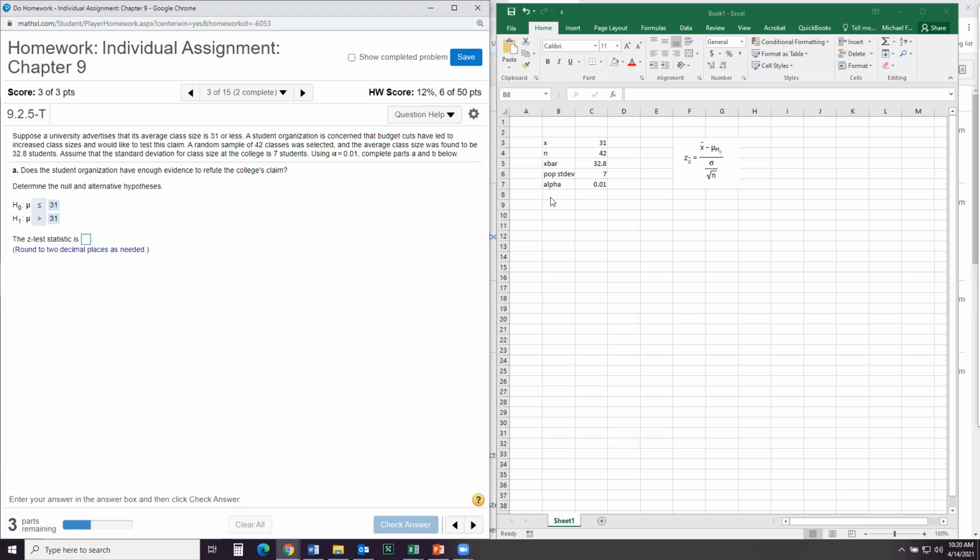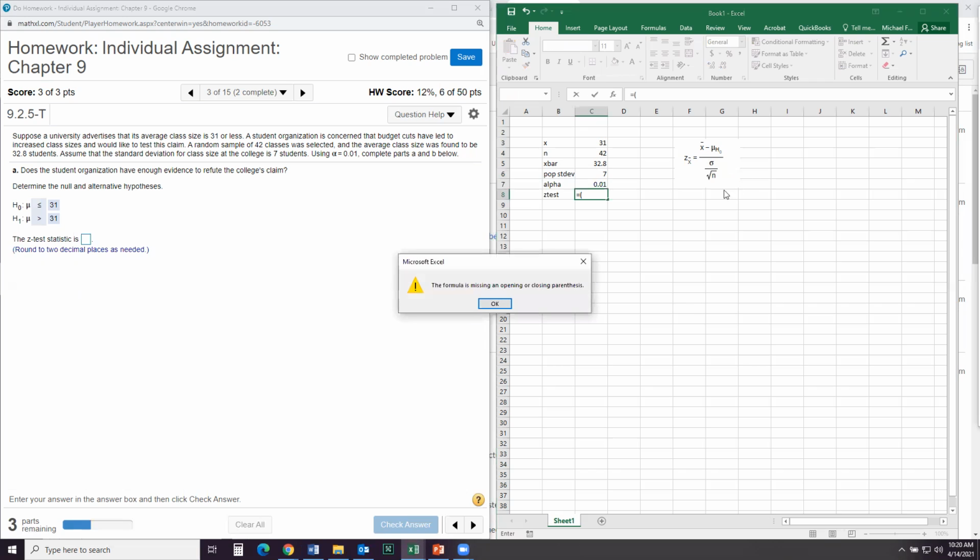So the next thing we have to do is calculate our Z-test statistic. This is the formula I put over here. They call it Z of X bar. We can calculate it with the information we have. It looks a little scary, but we're creating it here in Excel.